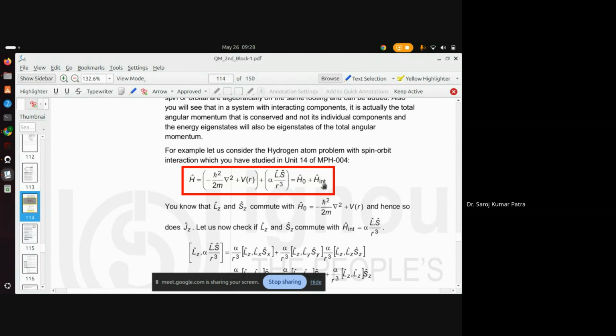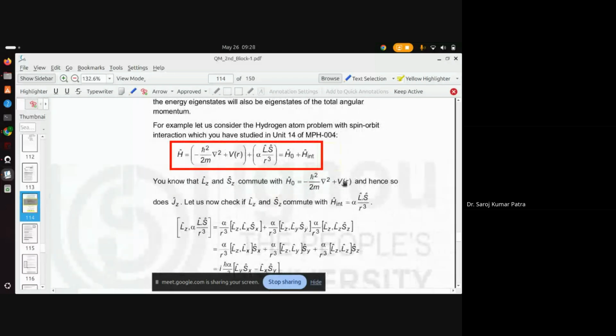That is basically an extra energy. The orbital angular momentum and the spin angular momentum of the electron will interact. If we include that interaction energy, which is also called spin orbit coupling, then we'll have an extra term: H0 plus H int.